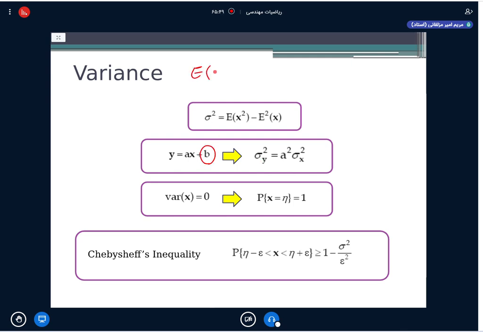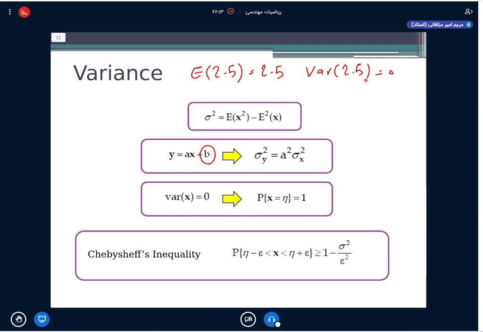Please pay attention that the expectation of a constant value, for example 2.5, is equal to this value. But the variance of a constant value is equal to 0, because variance means the dispersion around the expectation, and a constant value has no dispersion.